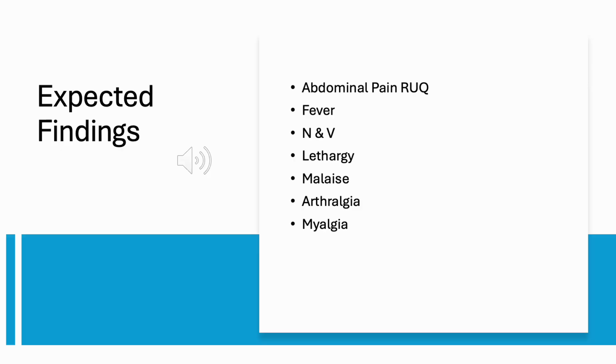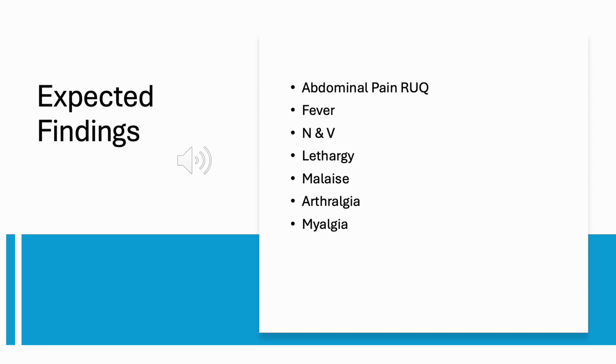The good news is the expected findings in hepatitis are the same no matter which type of hepatitis somebody has. So typically the patient's going to complain of abdominal pain in the right upper quadrant, and that makes sense because that's where the liver is, and the liver is going to be extremely inflamed. So then they're going to be tender to palpation, even light palpation.